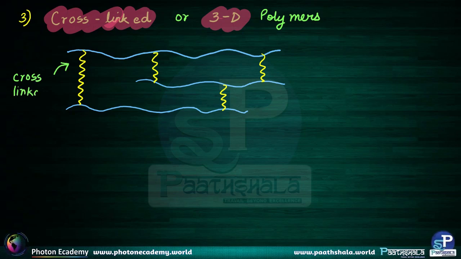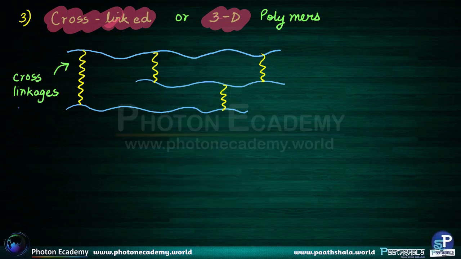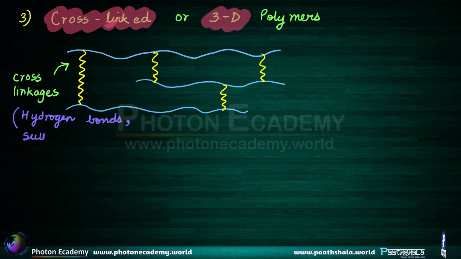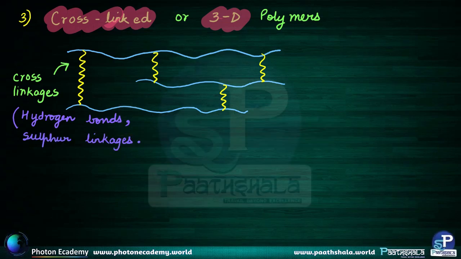Since they are cross linkages, we'll have some bonds that are cross linking them. These bonds can be hydrogen bonds, or sulfur linkages, or, as we have already seen, peptide linkages.